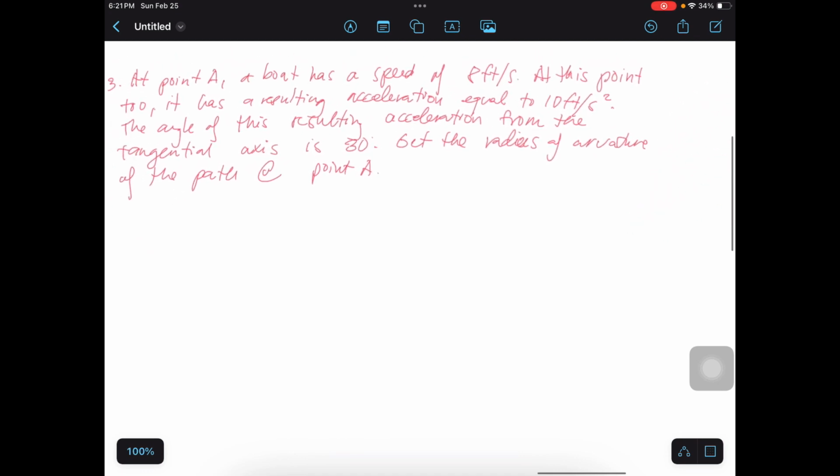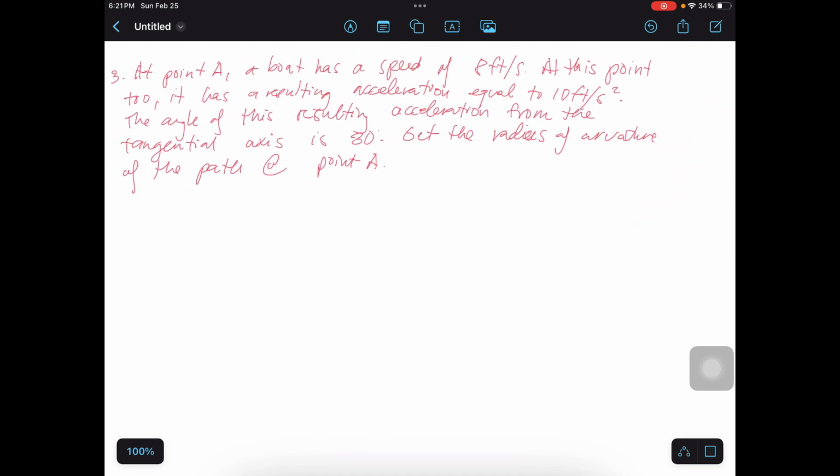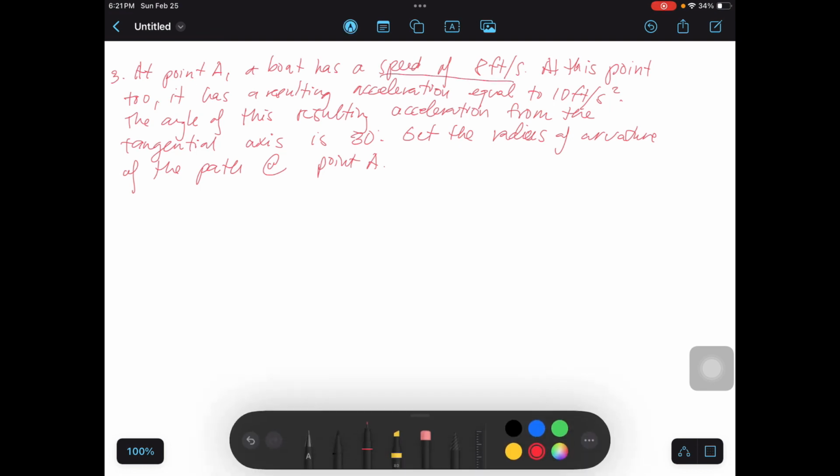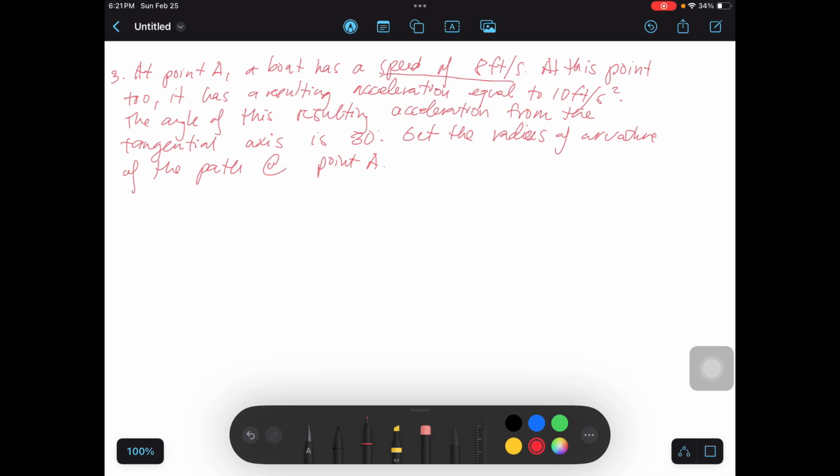Then, number 3, at point A, a boat has a speed of 8 feet per second. So, speed ulit. At this point, it has a resulting acceleration equal to 10 feet per second squared. So, sinabi na niya, resulting acceleration na yun. And then, speed is 8. The angle of this resulting acceleration from the tangential axis is 30 degrees.